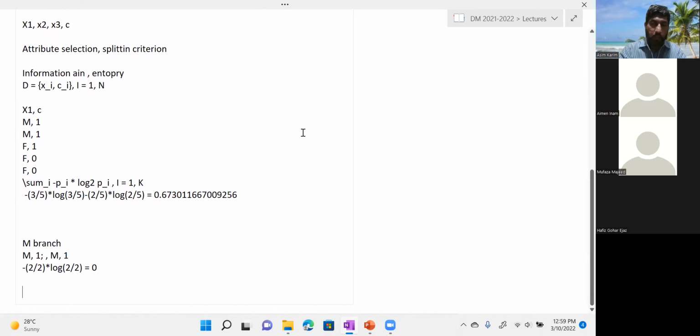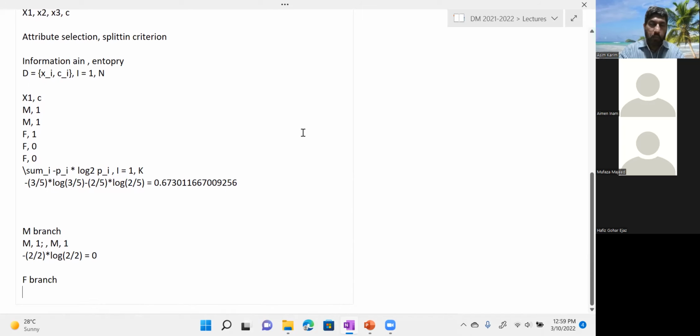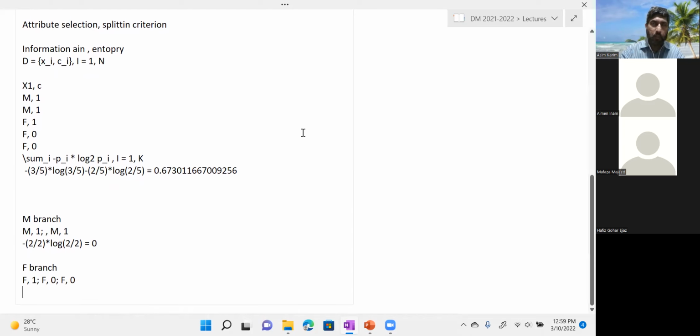And let's say the other F branch has 3 examples: F1, F1, and F0. So there are 2 that are class 1 and 1 that is class 0. So if I compute the entropy here, what do I get?